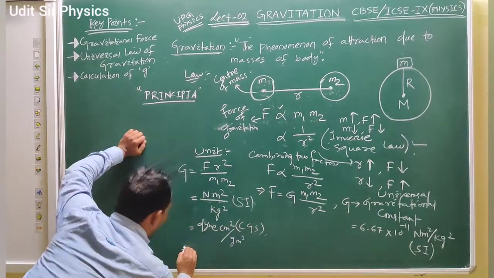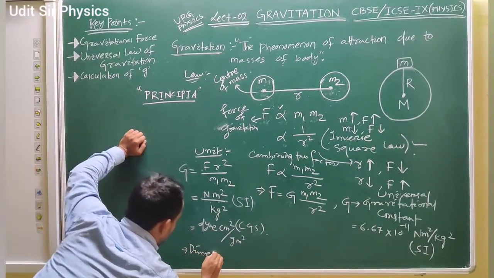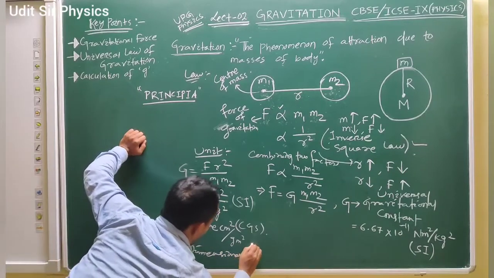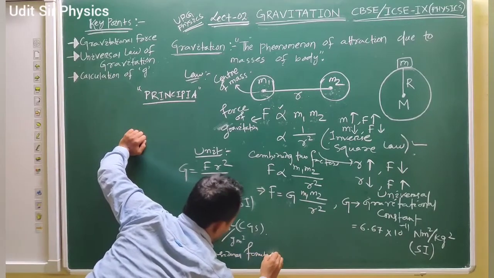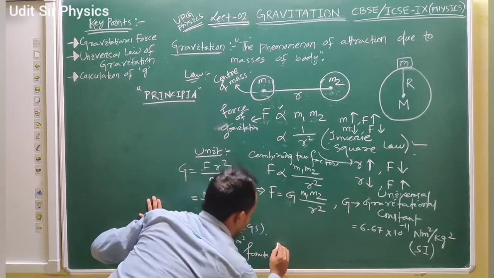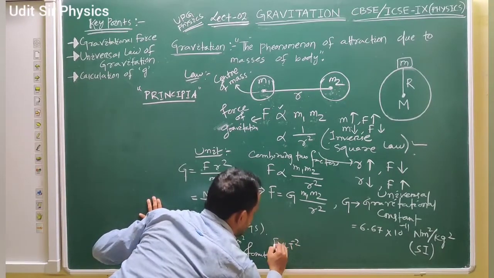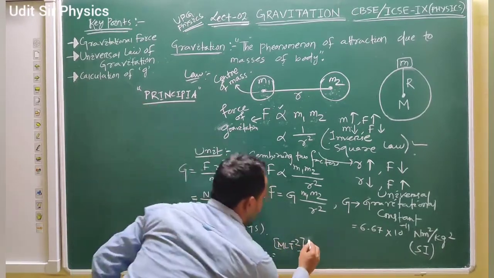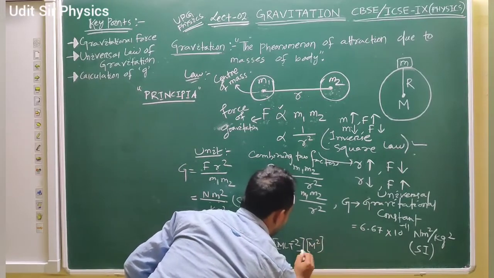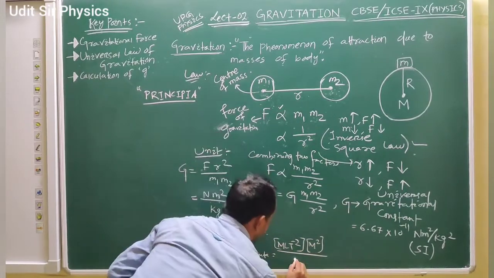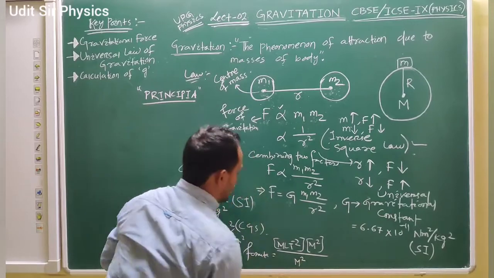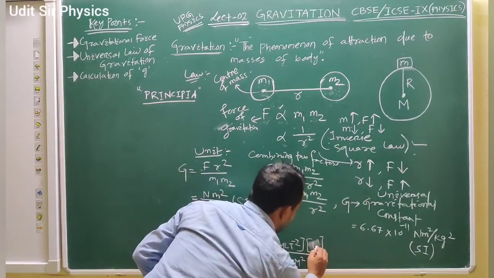And you can find out the dimensional formula. Here force is M L T minus 2, distance is L square, and m1 m2 is M square.